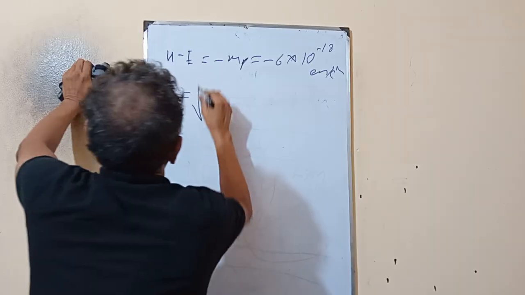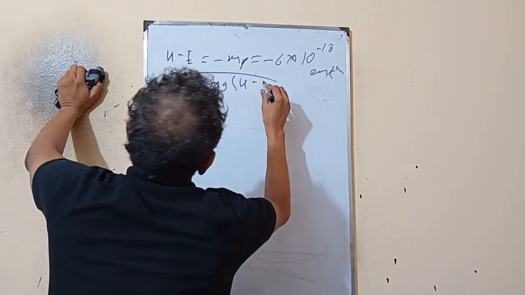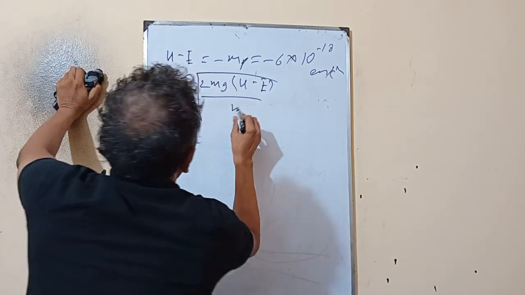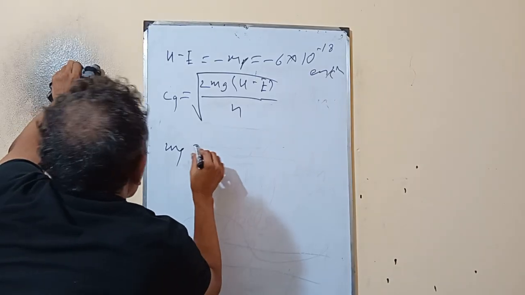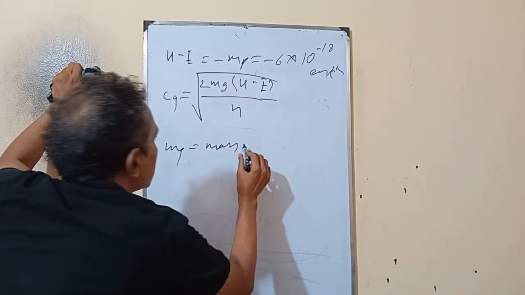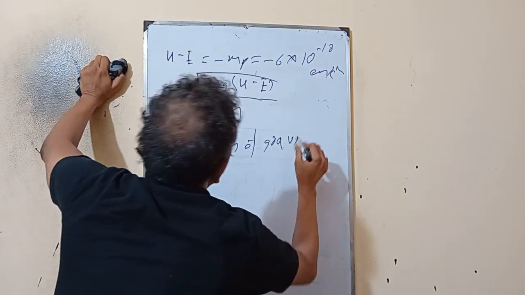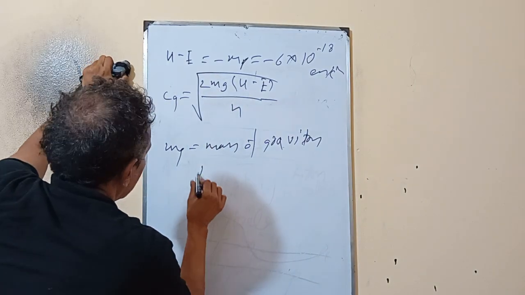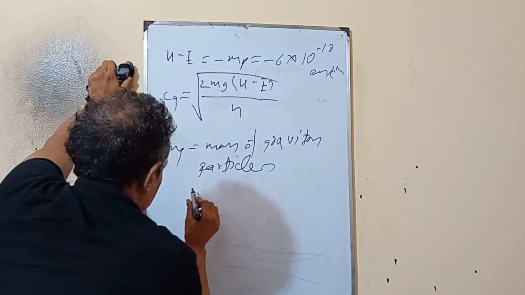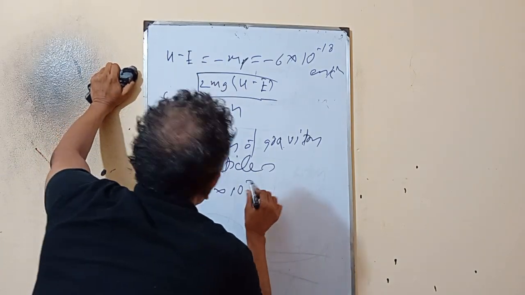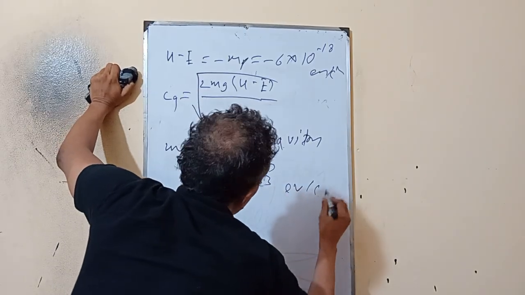CZ is equal to twice MZ, U minus E, over H. Now MZ is equal to the mass of the graviton particles, which is 6 into 10 to the minus 33 eV c square.